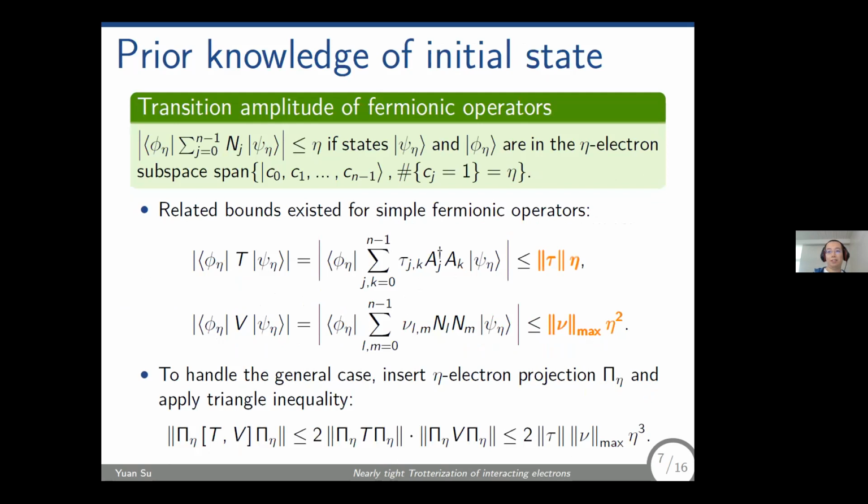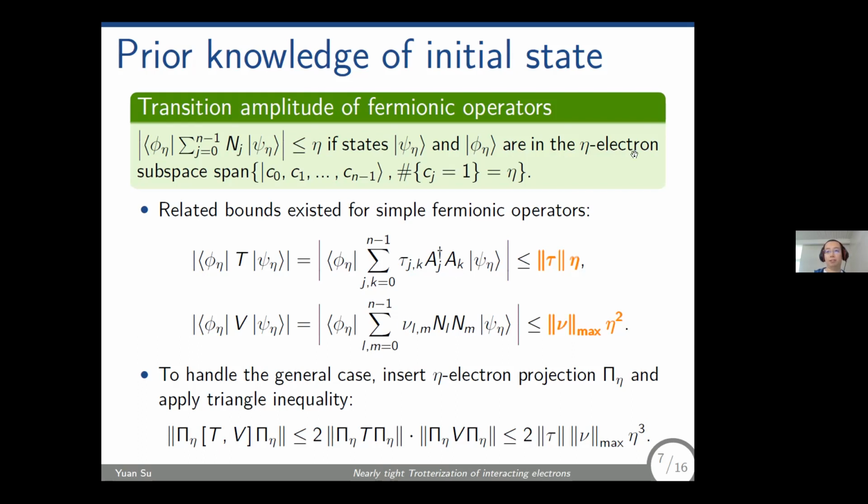The second idea that we can use is to use initial state information. I guess there was a talk earlier this week on simulating low-energy states on quantum computers. Actually, for interacting electrons, we can consider a subspace with a fixed number of electrons.